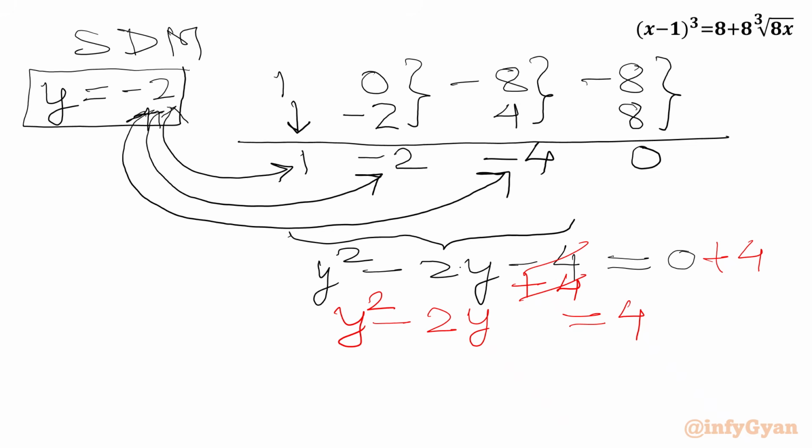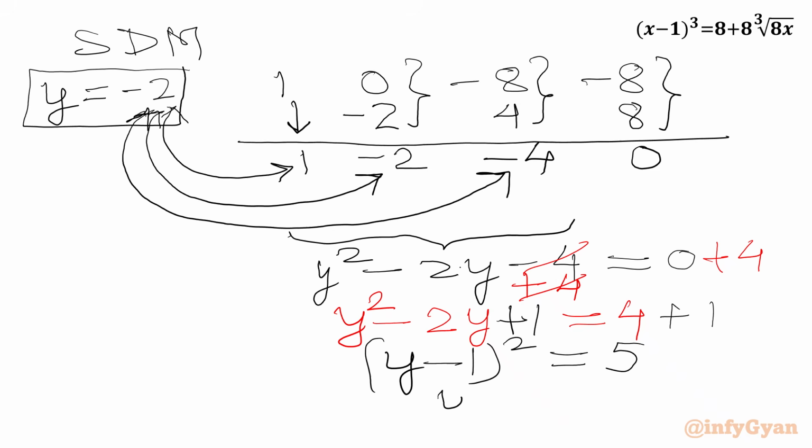Now coefficient of y is minus 2, half of minus 2 is minus 1, square of minus 1 is plus 1. So we will add 1 to both sides. LHS will give us y minus 1 whole square. RHS is 5. After taking a square root both sides, we will get y minus 1 equal to plus minus square root 5.